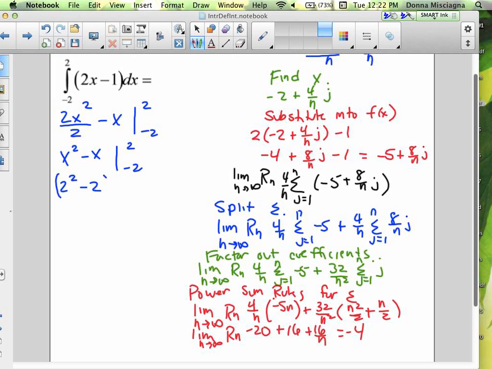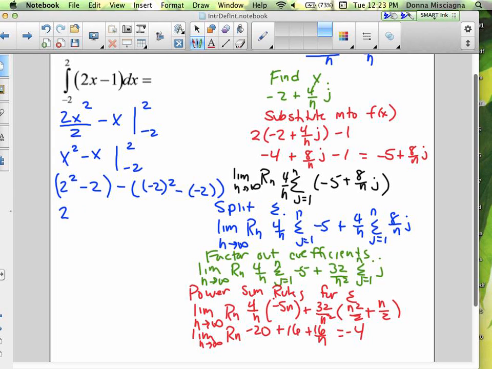Put parentheses around it, minus, and then plug in the negative 2, put parentheses around. Negative 2, all of negative 2 is squared, minus negative 2. And then close your parentheses. All right? Don't make silly errors just because you leave off parentheses. So this would be 4 minus 2, that's 2.